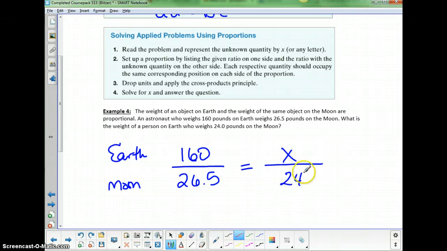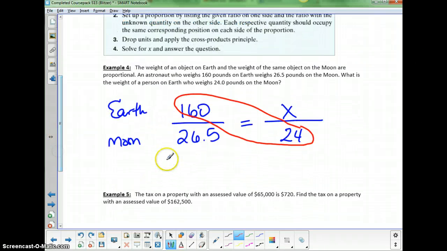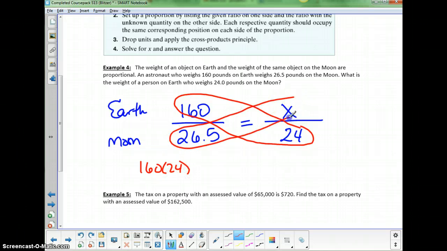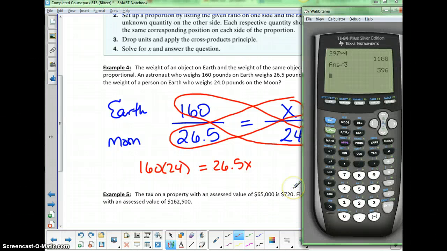So we're going to solve this by cross multiplying. Start by multiplying 160 times 24, and then set that equal to 26.5 times x. Alright, I don't have a ton of space. I need to write a little bit smaller here.